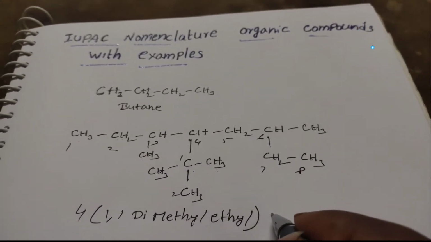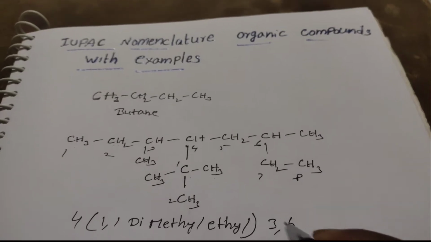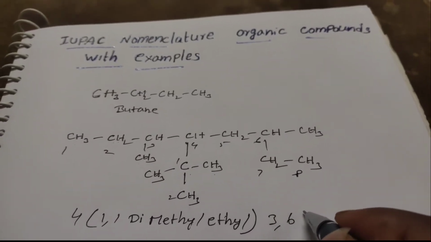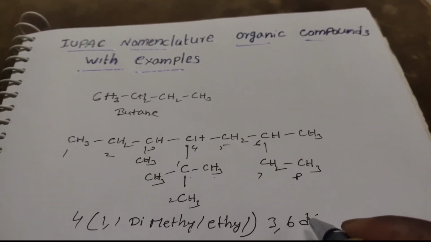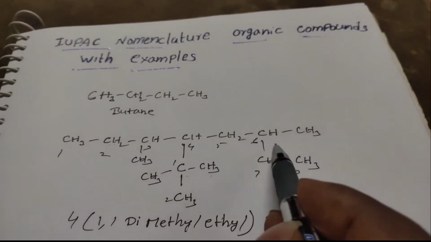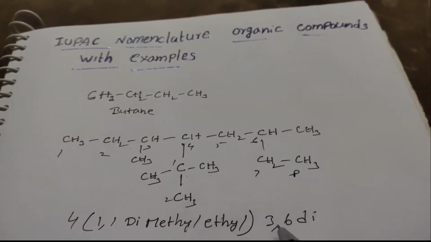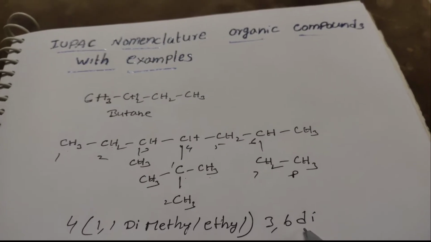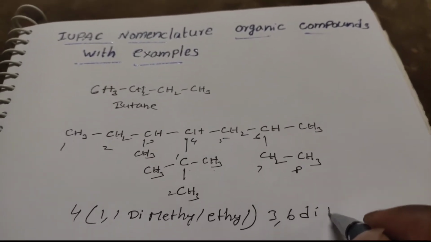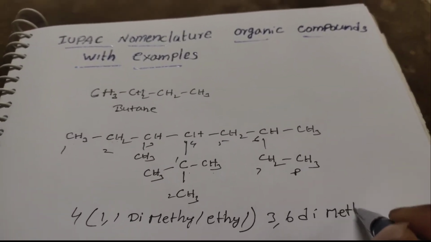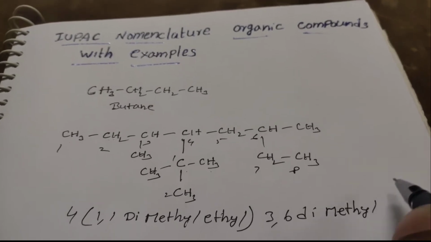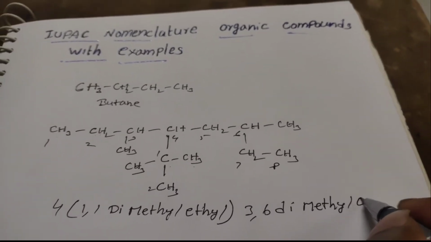So that is 3, 6. Di. Why am I using di? Because in the third position and the sixth position the same groups are repeated. That's why I am using the word di. Methyl groups, methyl, and the root word is oct.